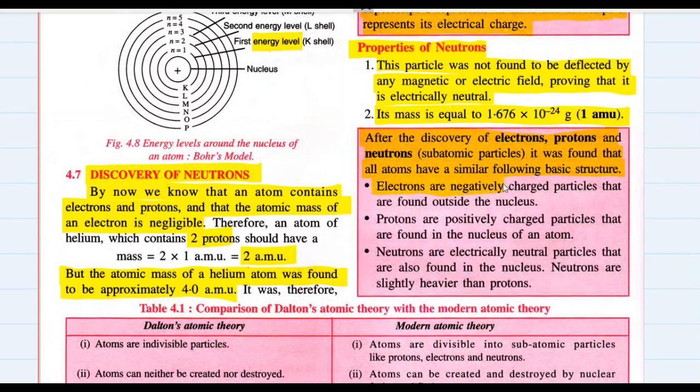In all atoms, electrons are negatively charged particles found outside the nucleus. Protons are positively charged particles found in the nucleus of an atom. And neutrons are electrically neutral particles that are also found in the nucleus, and neutrons are slightly heavier than protons.